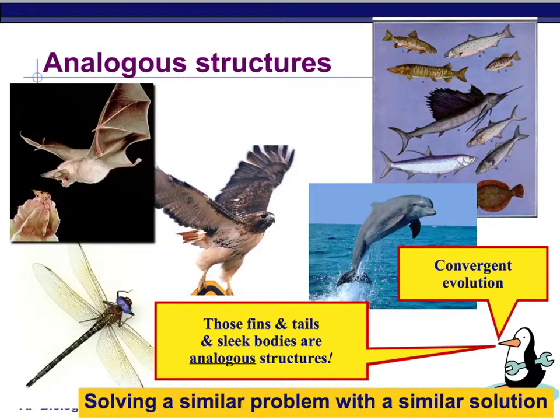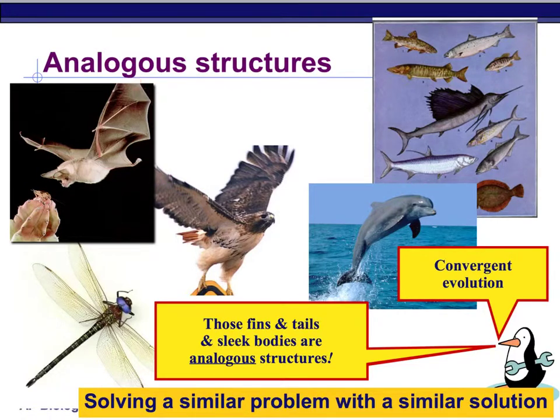Okay, I know we've already done analogous structures, but just to recap, an analogous structure is what happens when 2, 3, 4, 12, however many different organisms are trying to solve the same problem. So in the situation on this side, we're talking about the issue of locomotion, of mobility.